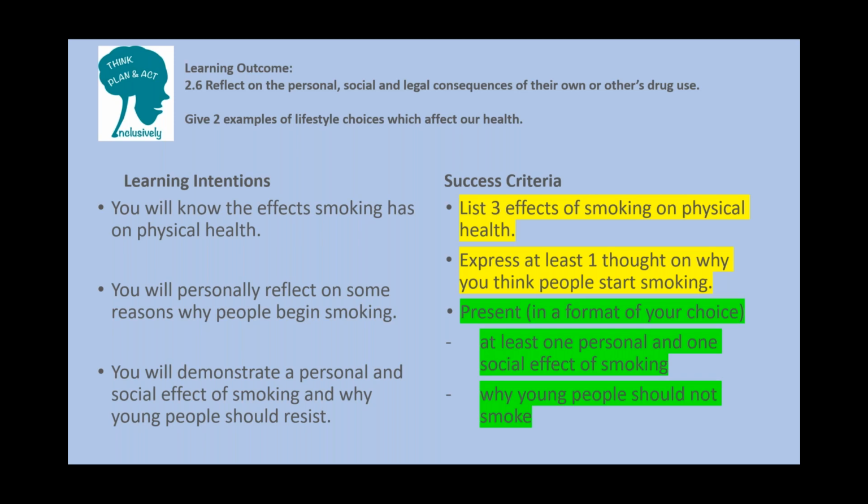And we checked in on this, if you remember, during the walking debate. And the third learning intention is that you will demonstrate a personal and social effect of smoking and why young people should resist. This is linked to the homework piece that they will present in class the following week. So I will hand you over now to Sarah and Ali, who will take you through how we might assess this particular learning in an inclusive fashion.